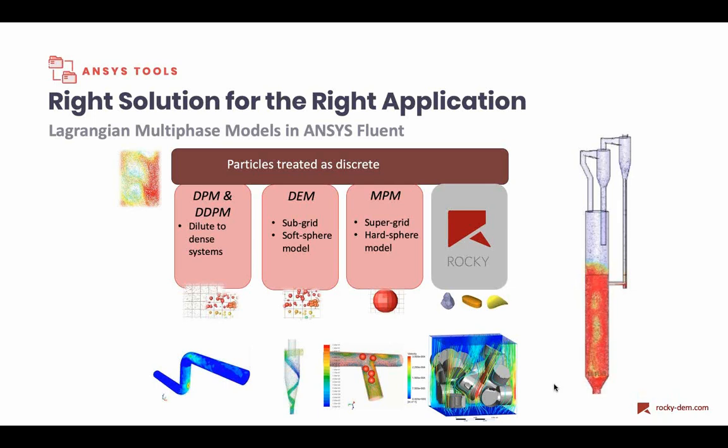Rocky fits into this solution portfolio, adding shapes capability. So when I have a CFD and DEM, a solid and fluid flow coupled problem, and you want to take the particle shapes into account and a more accurate particle boundary representation.